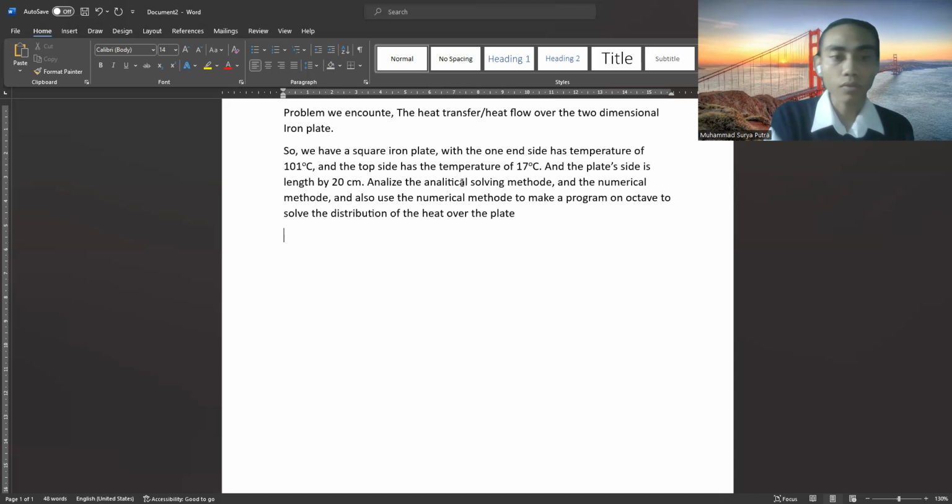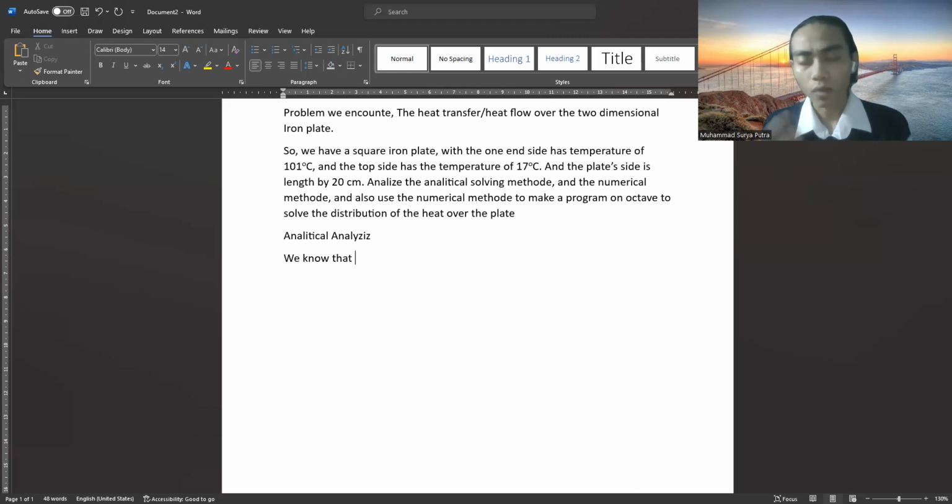So let's get into the analytical one, because this is really theoretical. We know that this heat transfer or heat flow is governed by the diffusion equation.